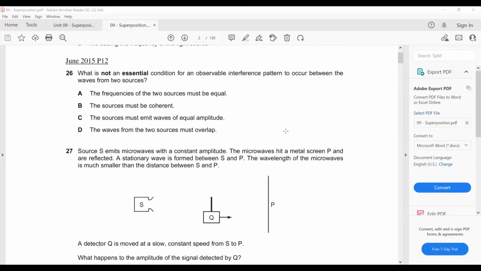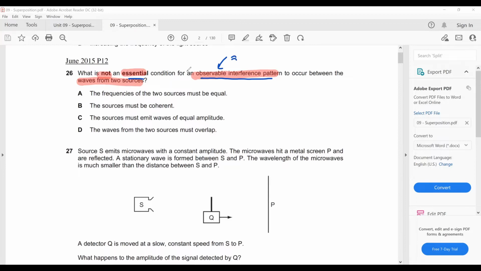What is not an essential condition? Notice that they actually bolded some of the words there. What is not an essential condition for an observable interference pattern to occur between waves from two sources? Interference between waves from two sources, this is two-source interference. Now they want to know what is the essential condition for an observable interference pattern, meaning you can see the pattern.